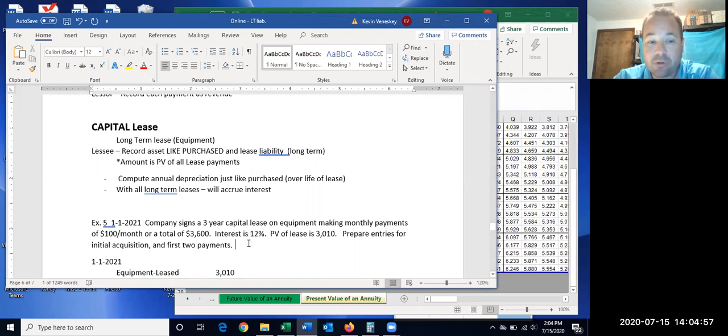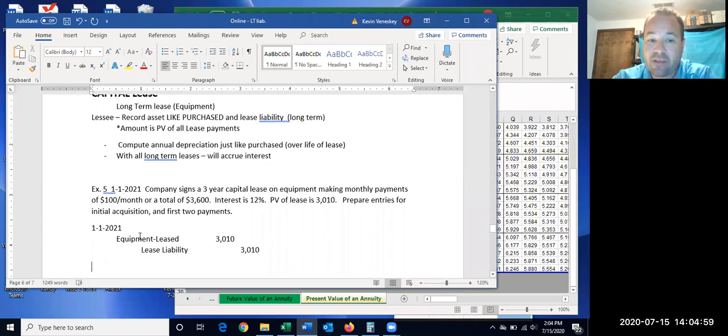So now when it's a capital lease, remember, I'm going to debit the equipment just like I own it for the present value, and I'm going to credit this lease liability. We could call this anything we wanted. This is just a generic term that shows that, yes, it's a liability.